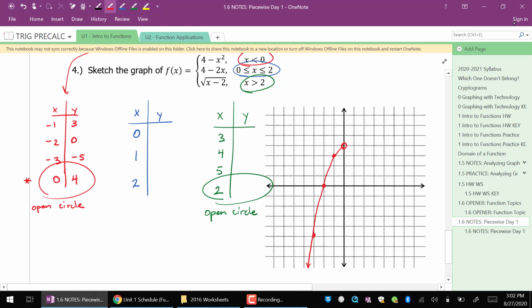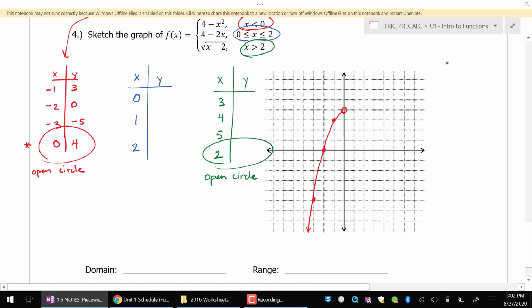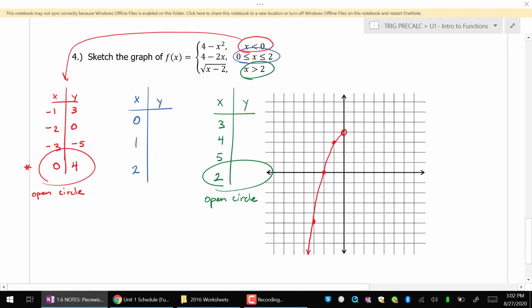Now let's continue that with my middle piece. Here the domain is all numbers x between 0 and 2. X is greater than or equal to 0 and less than or equal to 2, or 0 is less than or equal to x, which is less than or equal to 2. And we have equal to bars, so I can actually include those endpoints. So here in this middle table, I have another x f of x table. I have 0, 1, and 2 as my inputs.